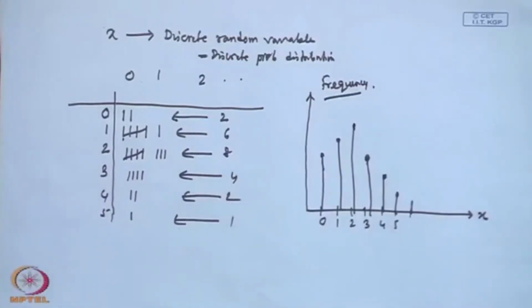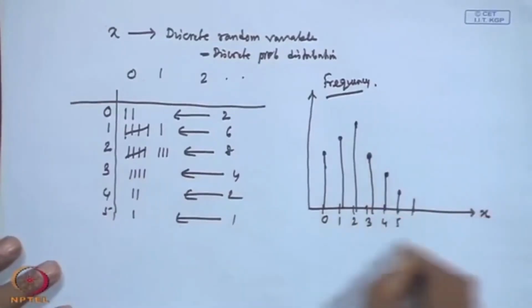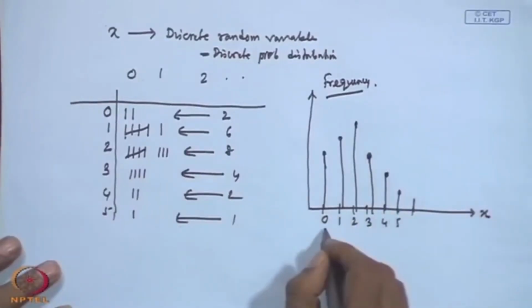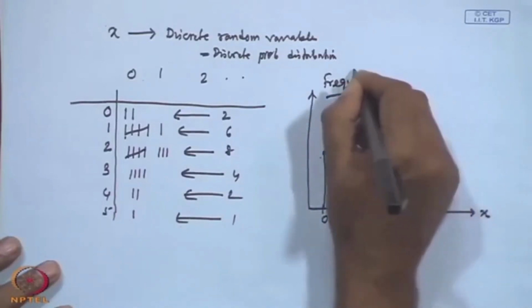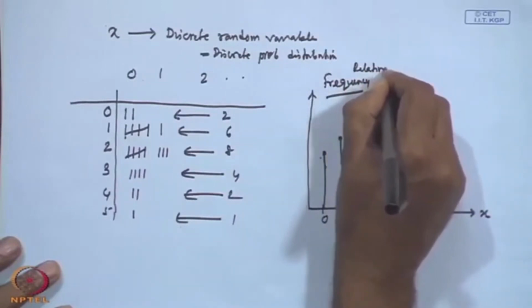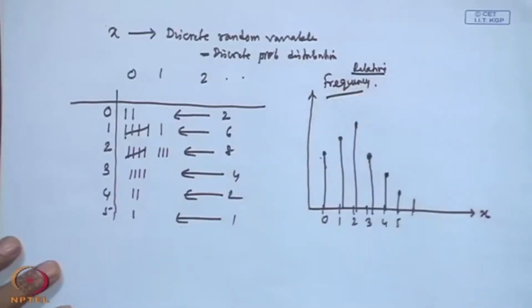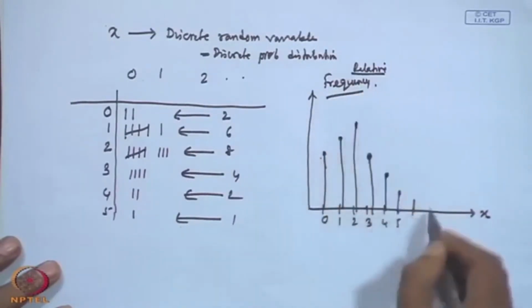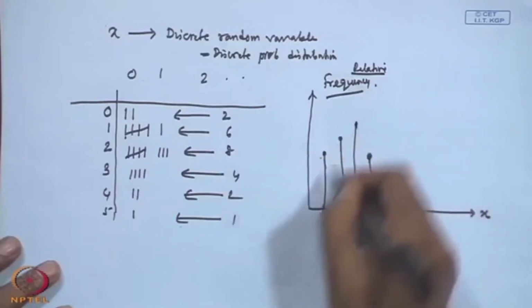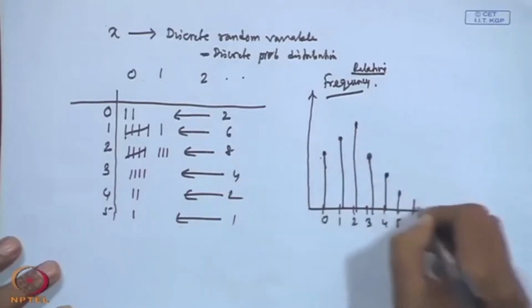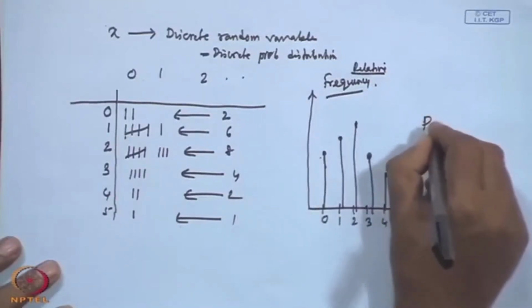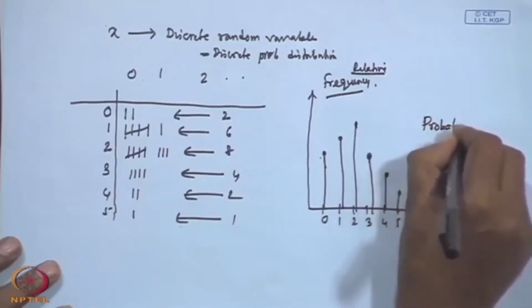Frequency diagram, and if I know the total numbers and divide each of the frequencies by their total, then you will get relative frequency, and that relative frequency will give you the empirical or crude probability distribution, and this distribution is known as the probability mass function.